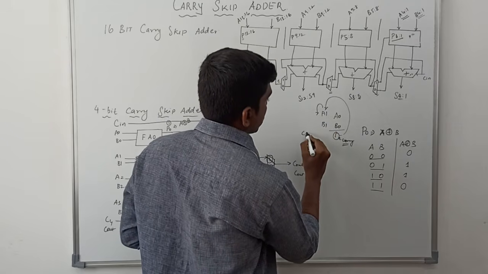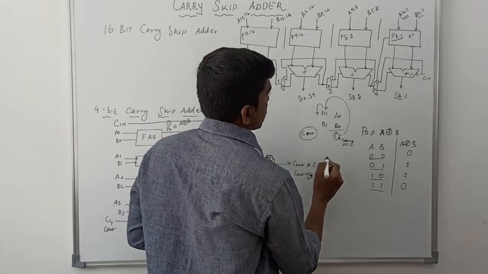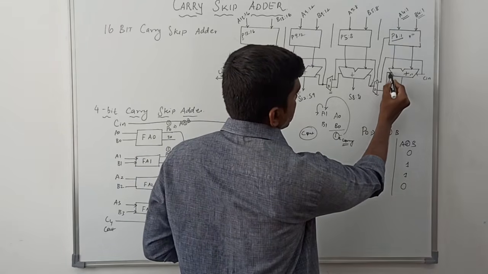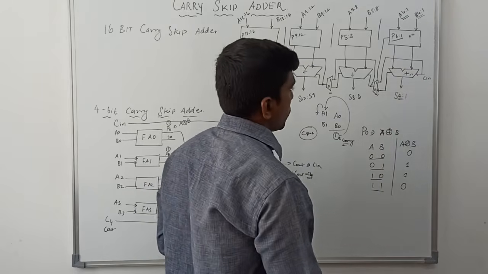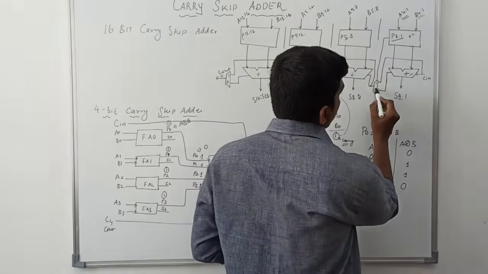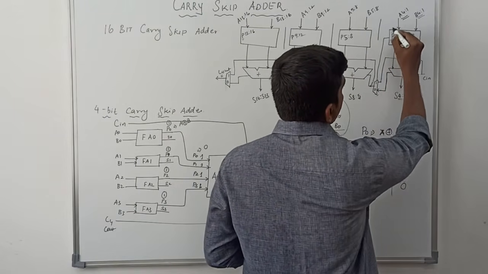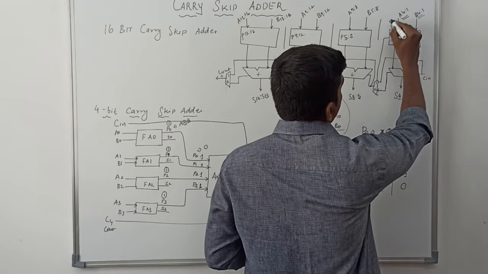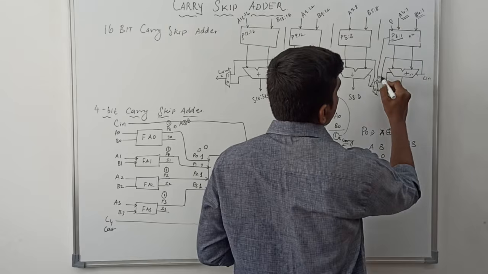So finally we will get the carry here. This carry is given to the input of the 2:1 mux. The 2:1 mux selection line comes from P4. If any carry is present, the P value is 0. So this 0 is given to here.